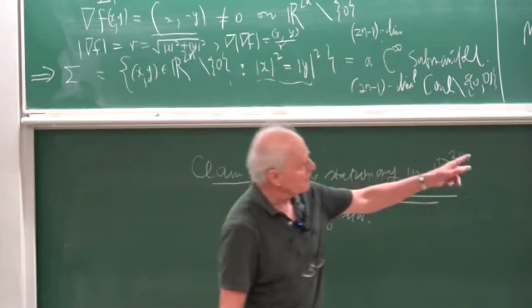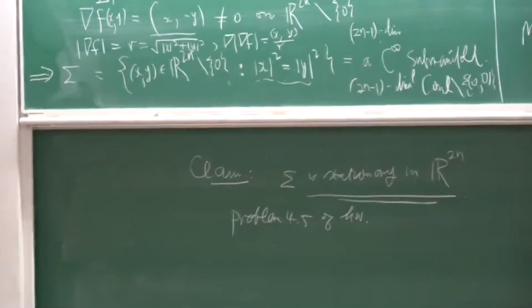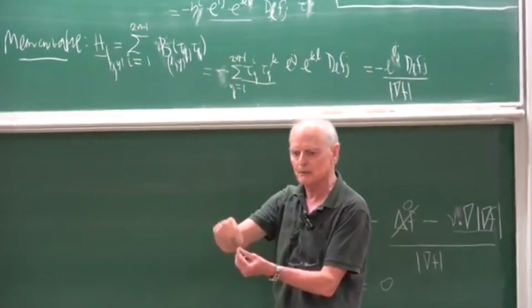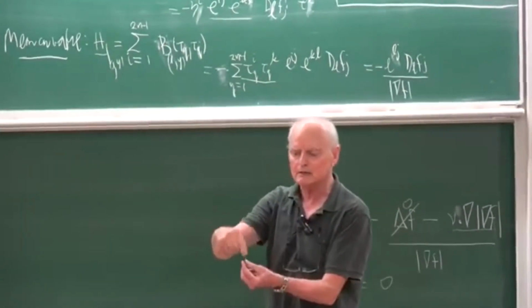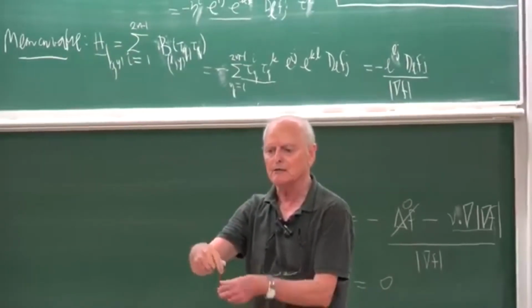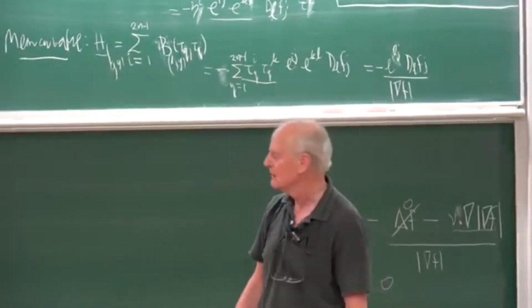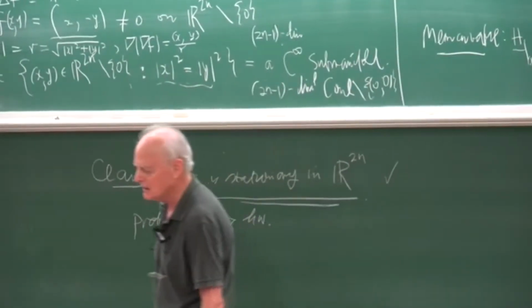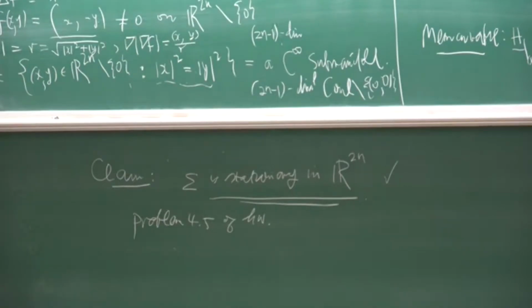We checked in problem 4.5 that if you've got a minimal submanifold, with zero mean curvature except at an isolated point, then in fact it's stationary everywhere. So this is an example of a stationary rectifiable multiplicity 1 varifold.